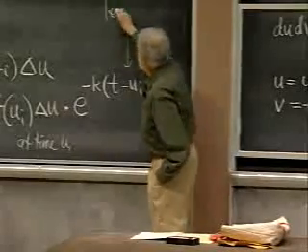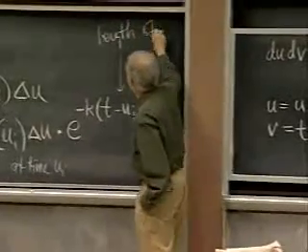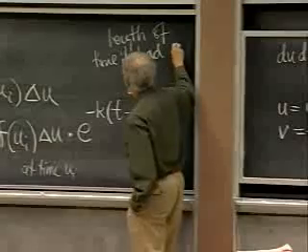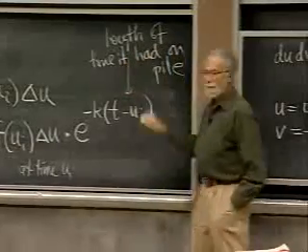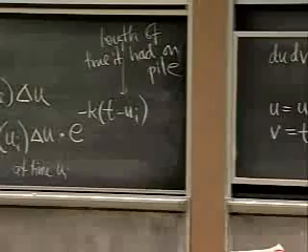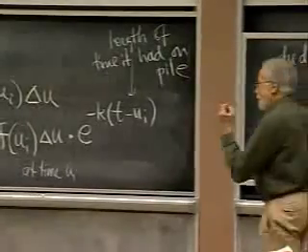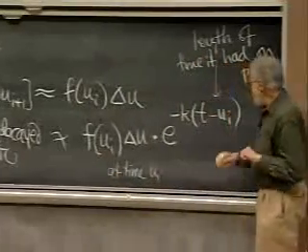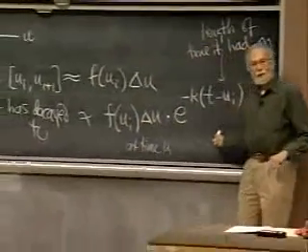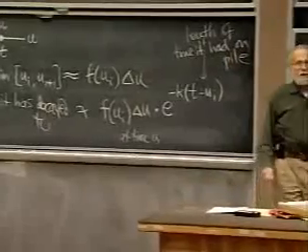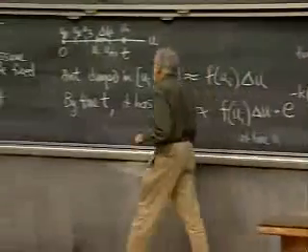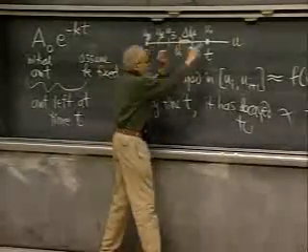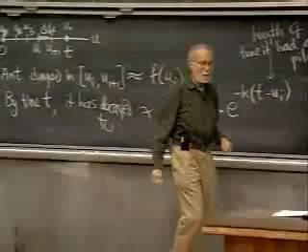The length of time it had on the pile. So the stuff that was dumped in this time interval, at time t, when I come to look at it, this is how much of it is left. And now all I have to do is add up that quantity for the stuff dumped in this time interval, plus the stuff dumped then, plus and so on, all the way up to the stuff that was dumped yesterday.